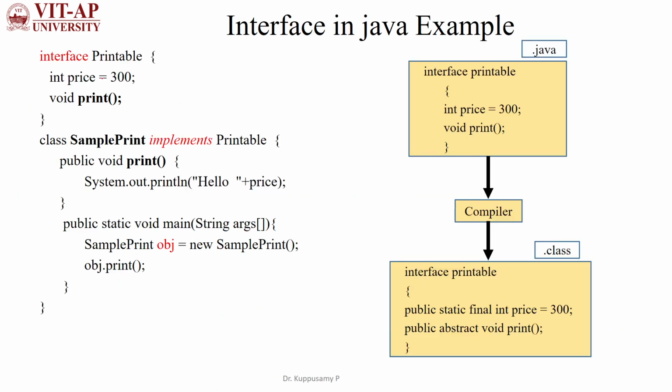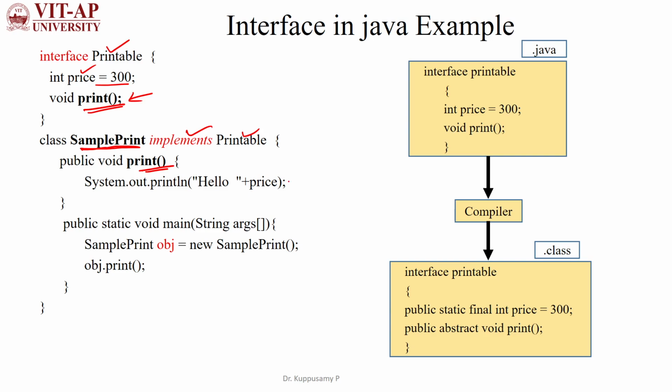Here you see we are declaring the interface printable, then initializing the value to the declared price variable, then the method signature is created here, ending with a semicolon. Then this print should be implemented in any one of the classes. So the class here is implementing the printable interface.